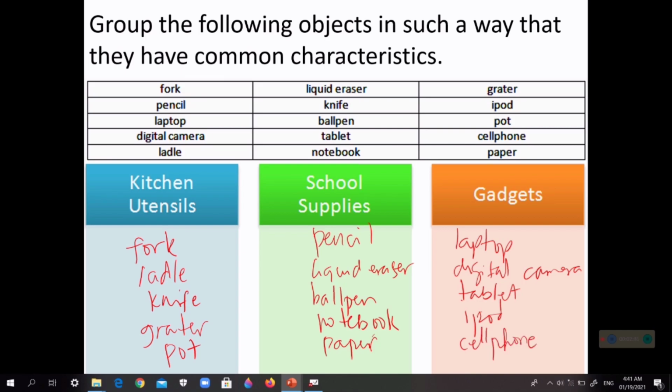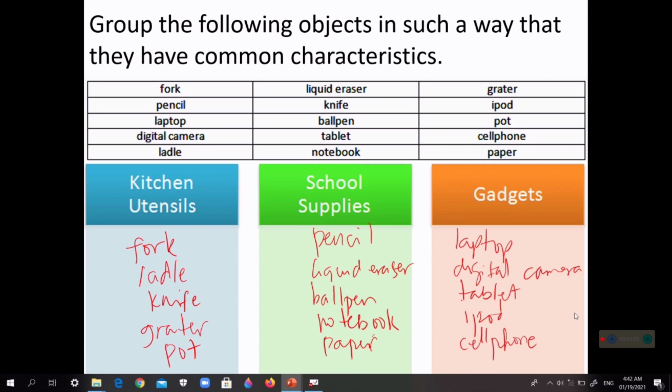So these are much related with each other. The kitchen utensils: fork, ladle, knife, grater, pot. Under school supplies: pencil, liquid eraser, ball pen, notebook, paper. And under gadgets: laptop, digital camera, tablet, iPad, cell phone. So these are in relation with each other.